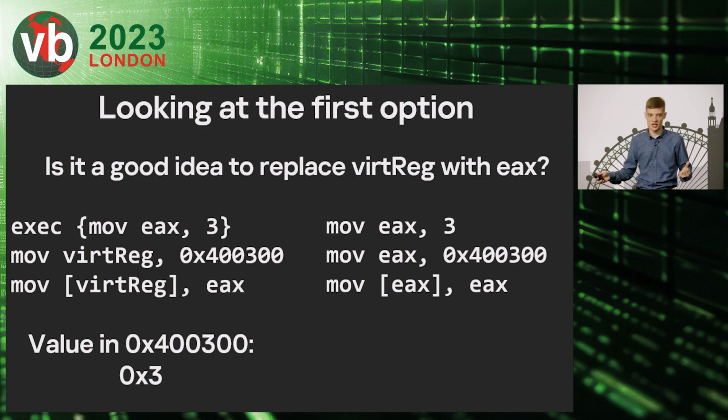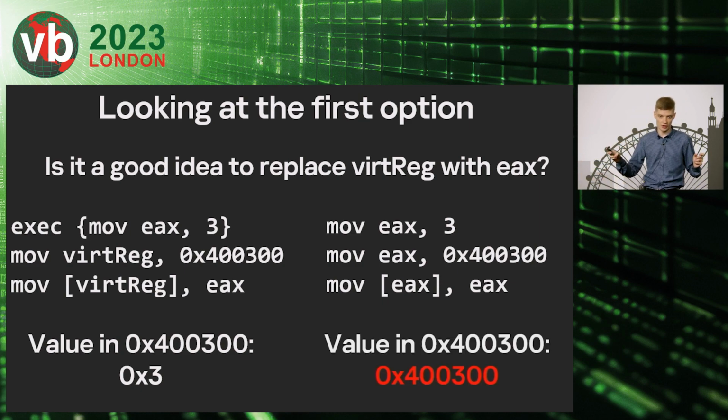And now let's execute this code and see what results we have. The first instruction moves 3 to EAX. And the second instruction immediately overwrites this value with 400300. And the third instruction moves the value in EAX, which is 400300, to the 400300 address.